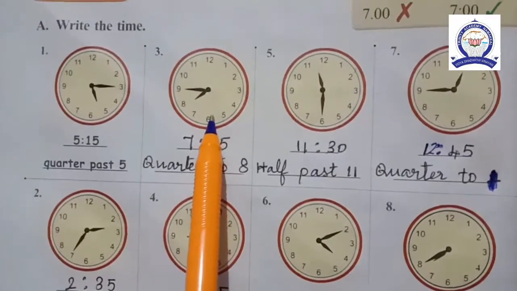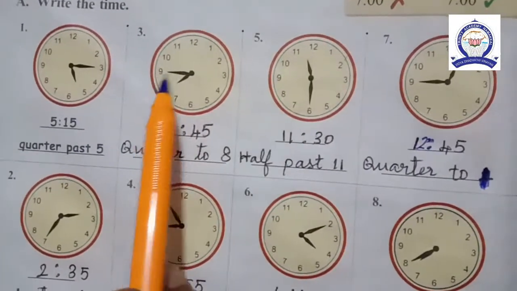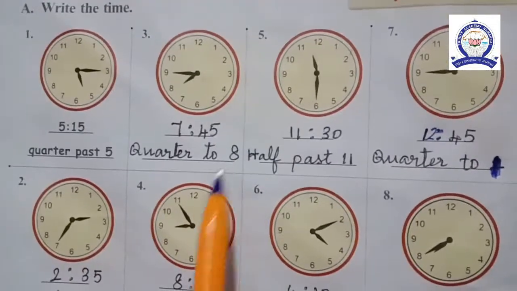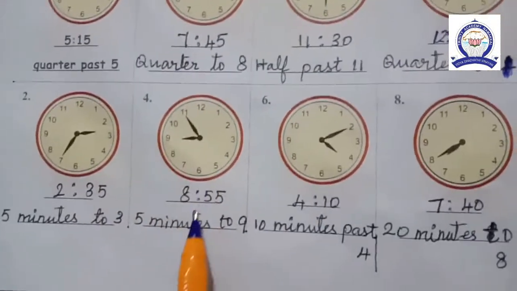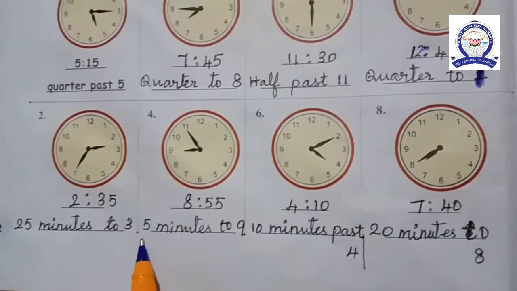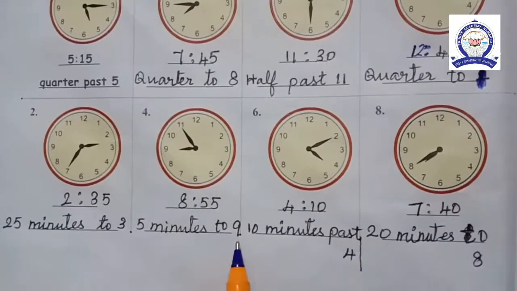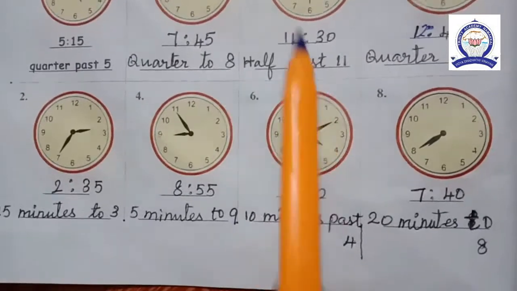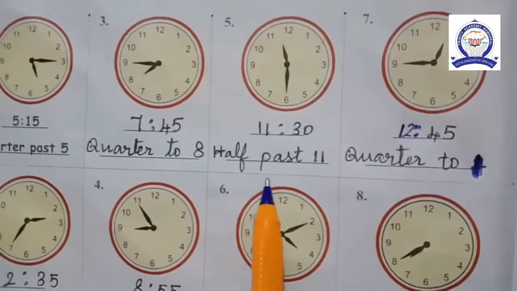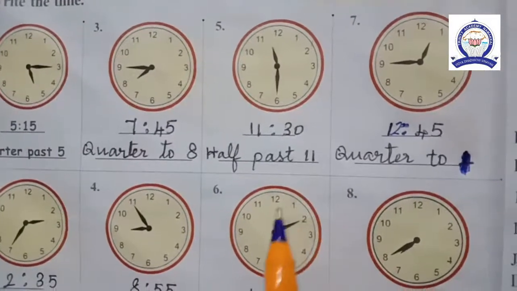Third sum. What is the time? 7:45. Quarter to 8. Fourth one. 8:55. 5 minutes to 9. Fifth sum. 11:30. Half past 11.